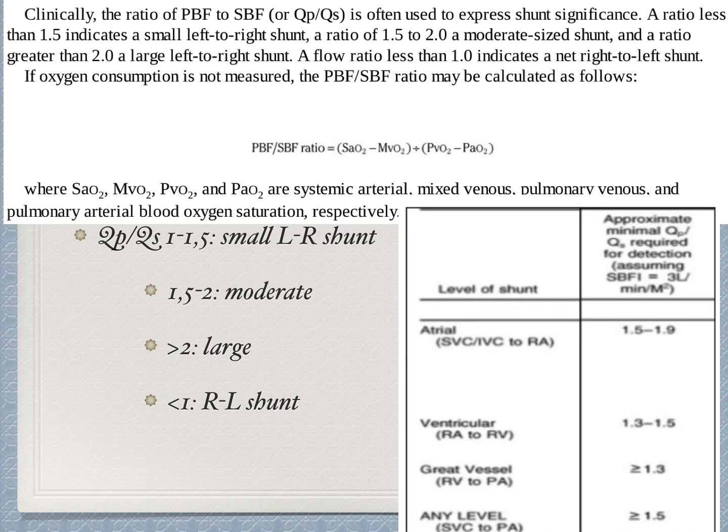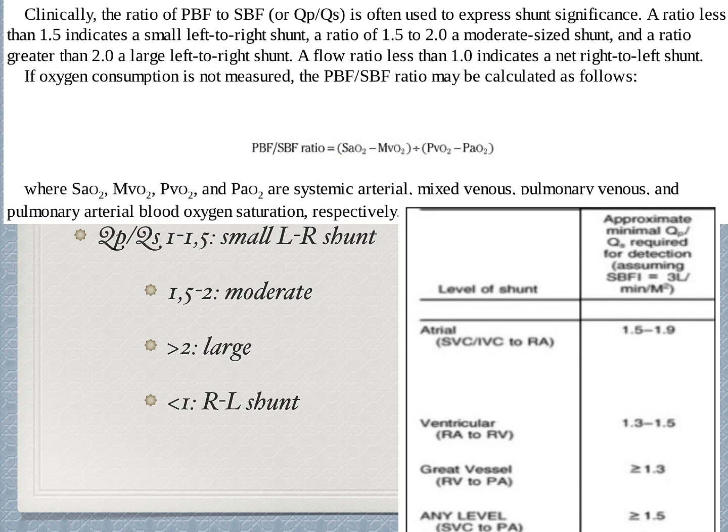And wrapping up, what are we talking about? We're talking about the QP to QS. Q equals flow. This means a pulmonary flow over systemic flow. What does this mean? It's a fraction. When you do this in a fraction form, as you can see in that line, PBF over SBF ratio, it is counterintuitive because the systemic arterial oxygen concentration minus the mixed venous oxygen concentration is talking about systemic. Then why is this mixed up?